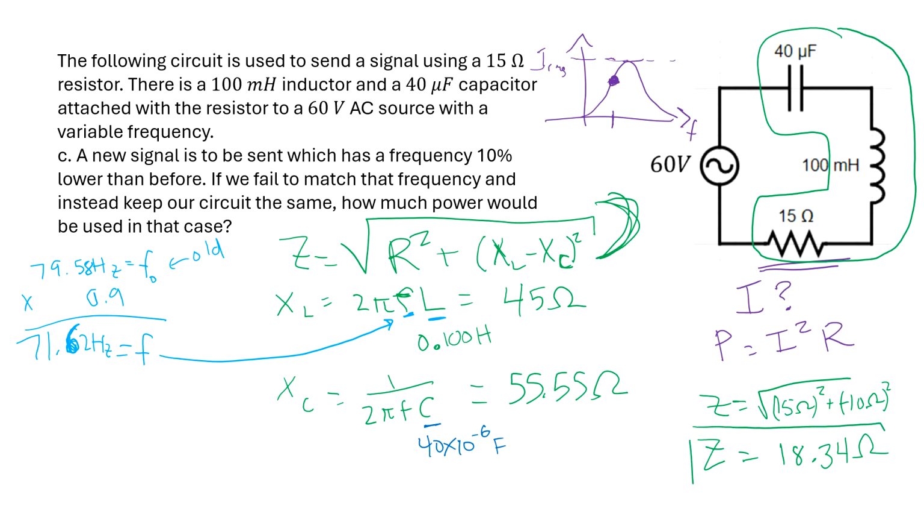Let's clear our page. But first, let's remind ourselves of what our goal is. Our goal is to find the power at this resistor. And to do that, we need to know what the current is. And so we're going to use Z to find the current. So Z is 18.34 ohms. And our current, right? We're going to follow this Ohm's law like thing, V equals IZ, but we're not going to have this nice case where Z equals R anymore.